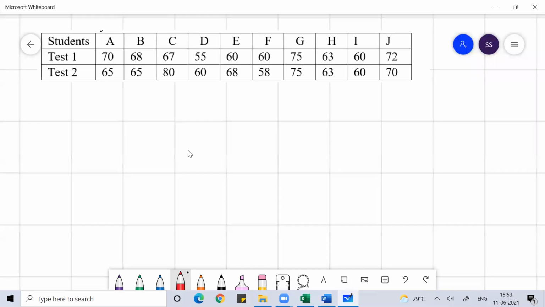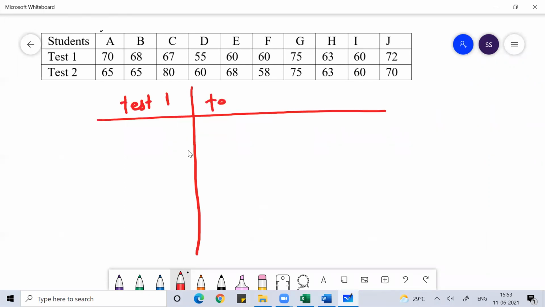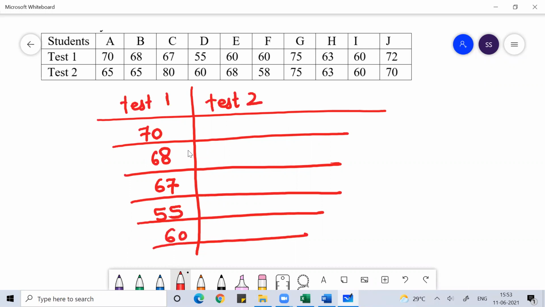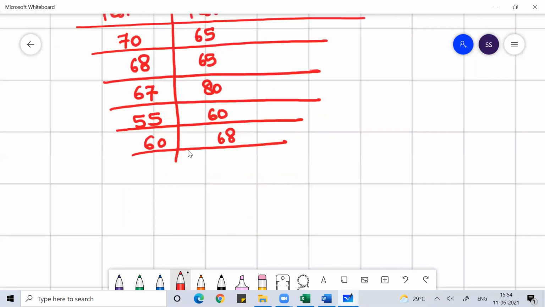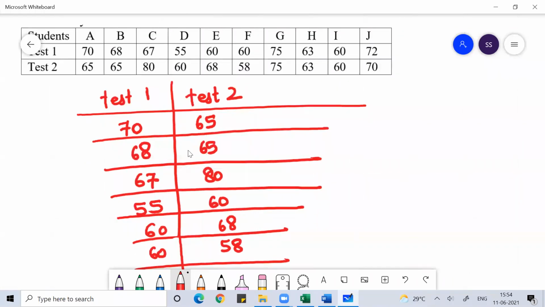Suppose this is the data: test one and test two. Test one: 70, 68, 67, 55, 60, 65, 65, 80, 60, 68, 60, 58, 75, 63, 60, 72, 70.